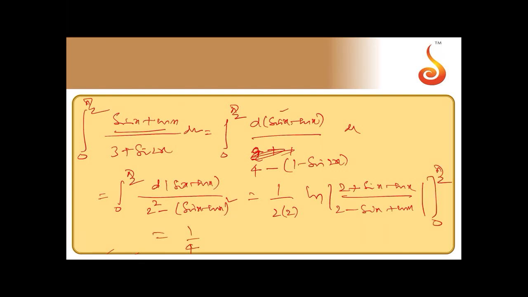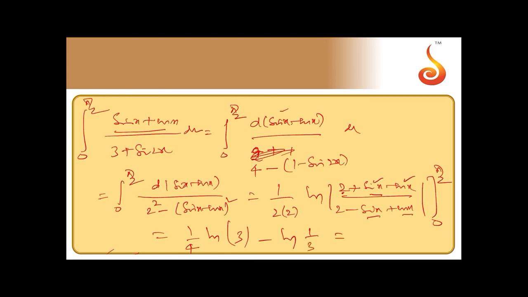That is equal to 1 by 4 times logarithm of, at pi by 2, when you substitute cos pi by 2 is 0, sin pi by 2 is 1, you will be getting 3, and 1. Minus, so logarithm of, when you substitute 0, sin 0 is 0, therefore 2 minus 1. I hope you will be getting 1 divided by 3.